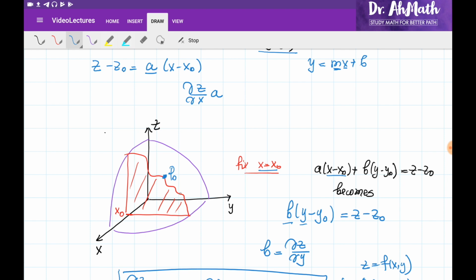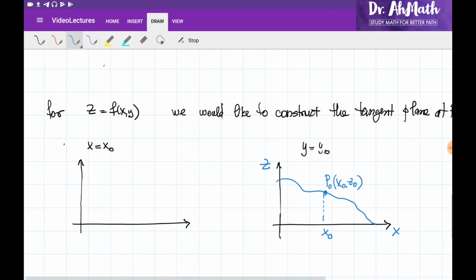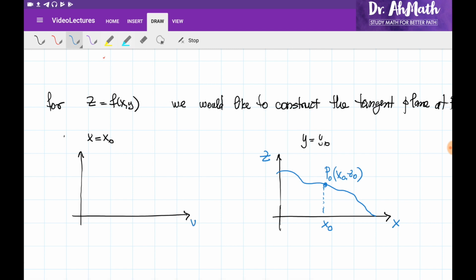So I can look at this curve in 2D. In this case, it's going to be the y and z curve, right? And this is changing only in the y direction since x is fixed, right? So again, this is going to be at some point y0. I've got this point P0 with the coordinates y0 and z0.